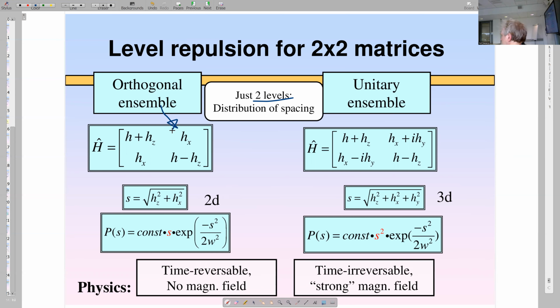Right, so that's what they call the orthogonal ensemble of matrices. So what is the Hamiltonian? That's the only Hamiltonian one can write for a 2 by 2 matrix. This H is irrelevant. It does not change the level splitting, just shifts both levels by the same amount. The splitting is like this.